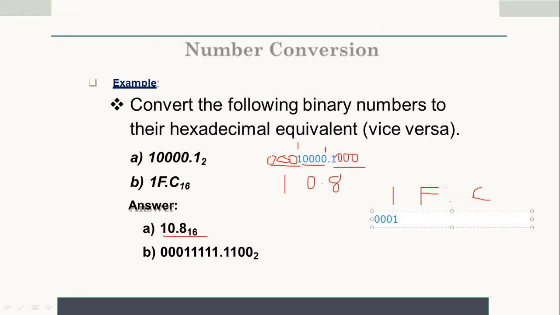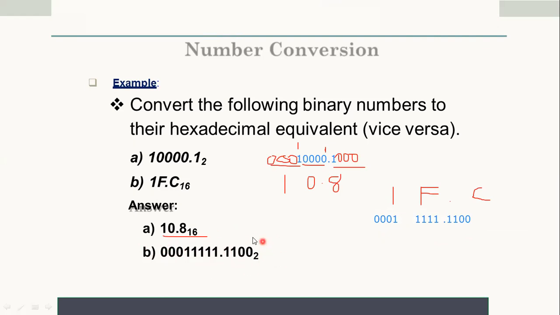For F, what is the equivalent? F means 15, kadamma. So for 15, we get the binary equivalent 1, 1, 1, 1. Point C. C means 12, and 12 means the binary equivalent is 1, 1, 0, 0. So the result is 0, 0, 0, 1, 1, 1, 1, 1 point 1, 1, 0, 0. This is the resultant.